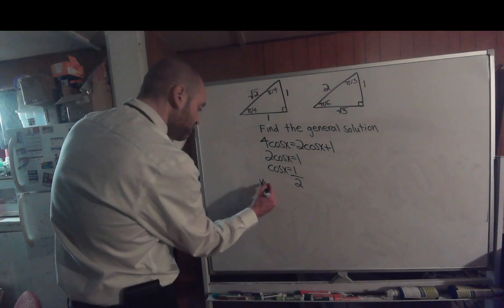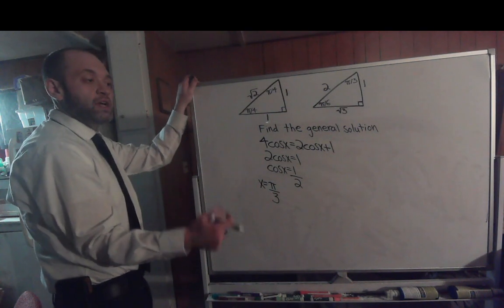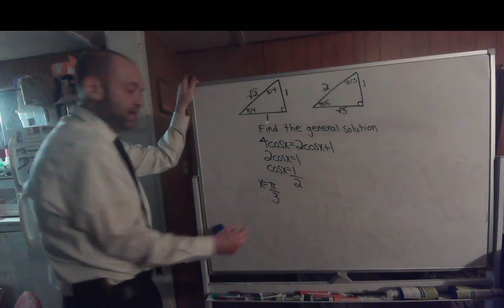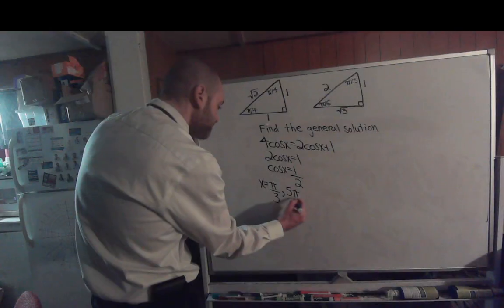So x would equal pi over 3, and then we have it again in the fourth quadrant where the cosine's positive, so you'll have also 5 pi over 3.